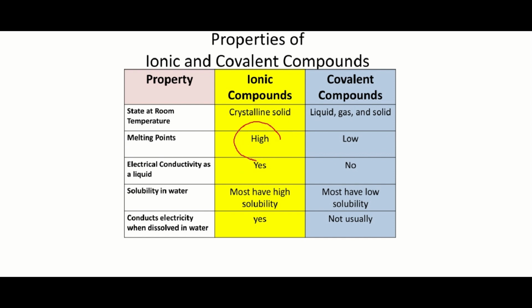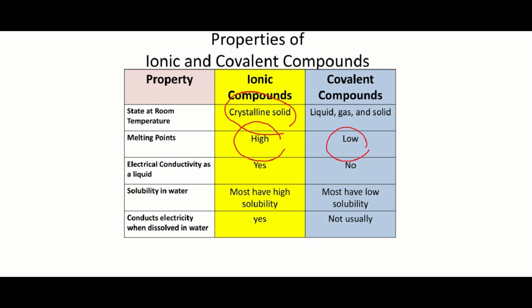We emphasize that because ionic compounds have that strong attraction, that Coulomb attraction, they have generally high melting points, where they're usually crystalline solids at room temperature, whereas covalent compounds, their melting points and boiling points are largely determined by their intermolecular forces, which are much weaker than ionic attraction forces.